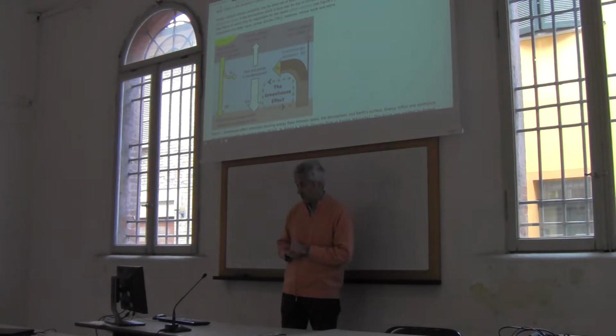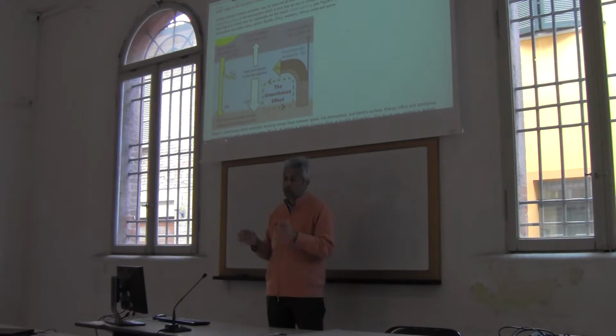What are greenhouse gases? The most known and the most important is CO2. And of course we know that human activity, but not only human activity, life and vegetation, release CO2.